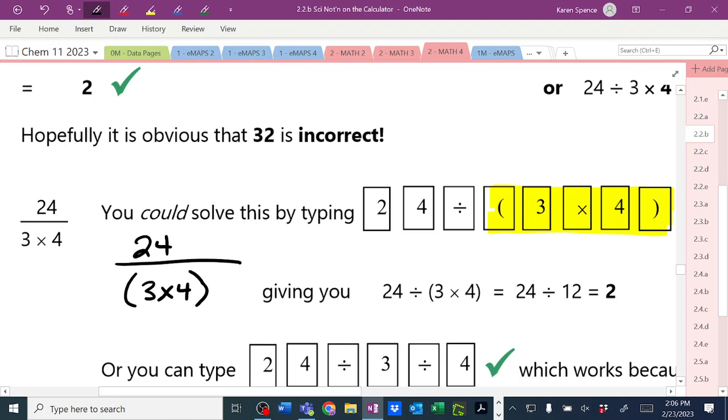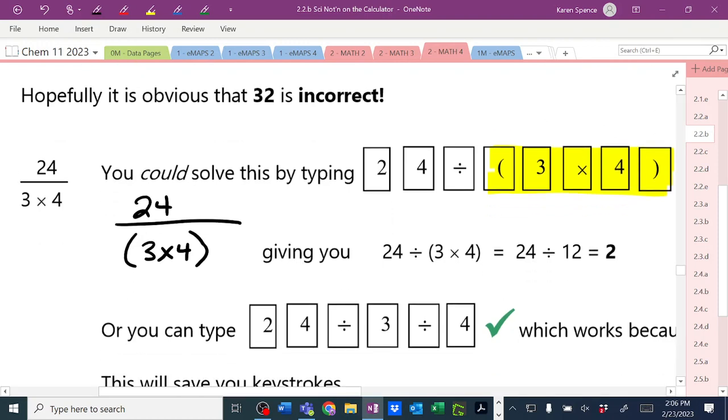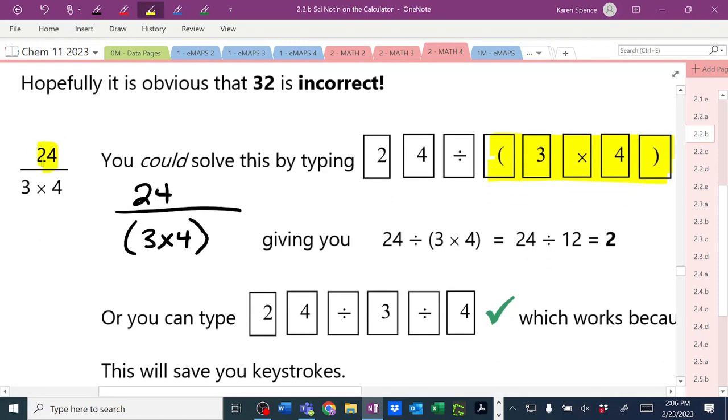However, your calculator will also be fine if you type in 24 and then divide by the 3, and also divide by the 4.